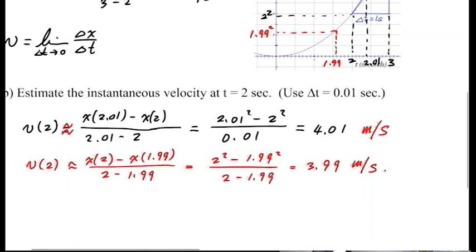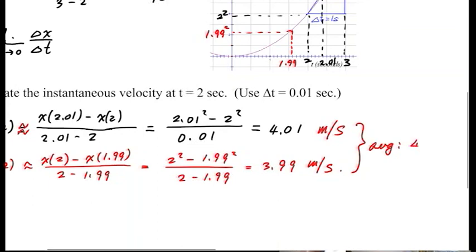Okay, none of them are exact, if that's what you mean. But which one is better was the question. It's a trick question. It's the average of the two. You take the average, and then you get 4. I know, huh? Tricky, right?